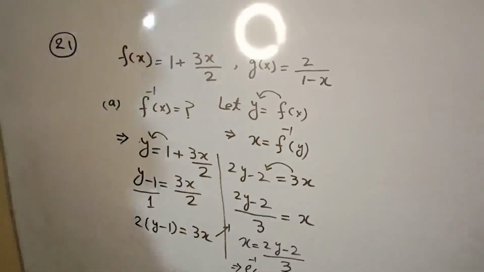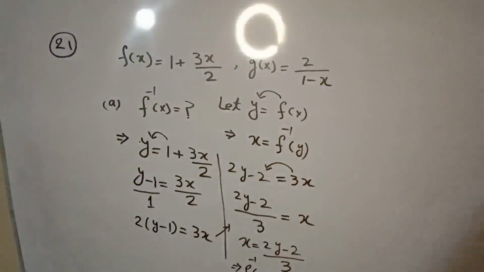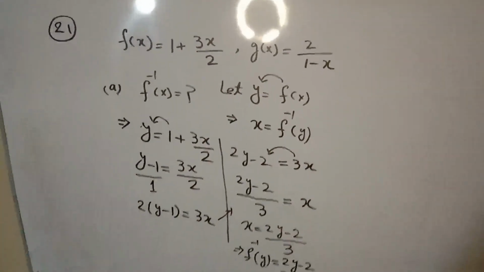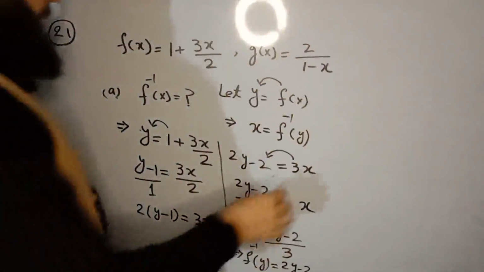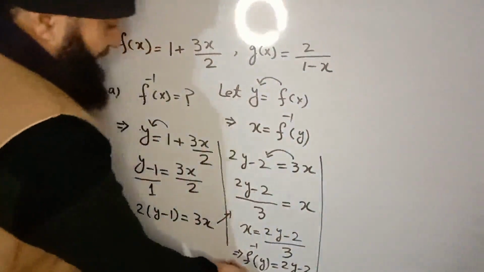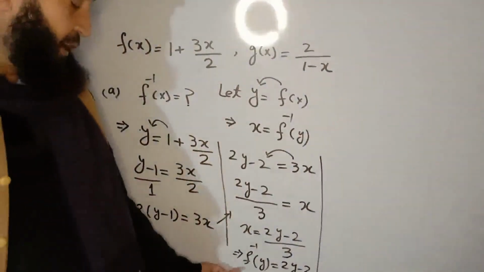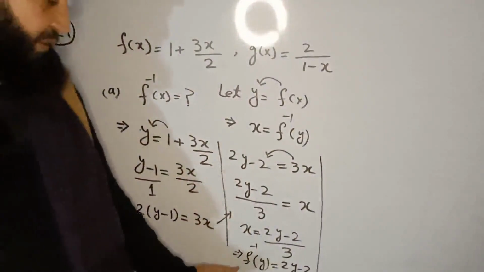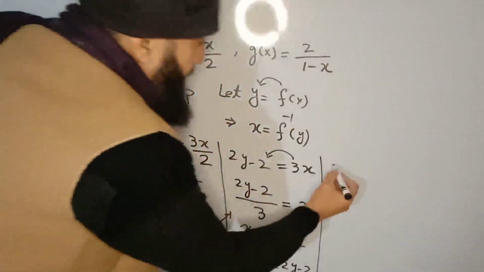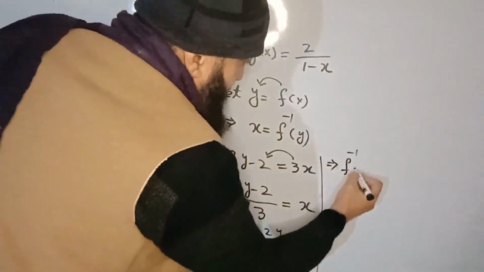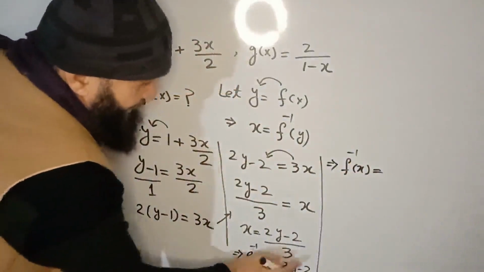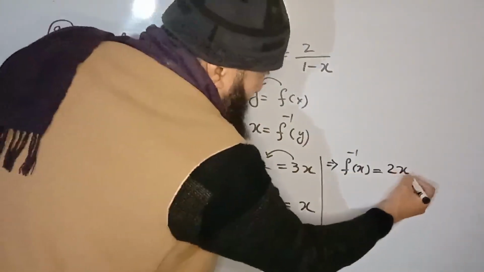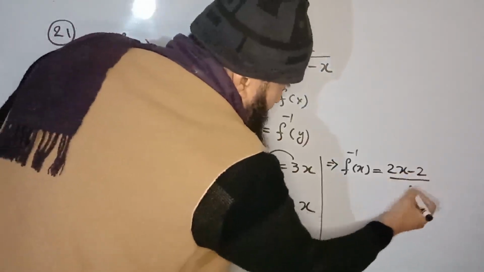This is f inverse of y. If we have to find f inverse of x, we will replace y with x. Therefore, f inverse of x will be equal to 2x minus 2 over 3.